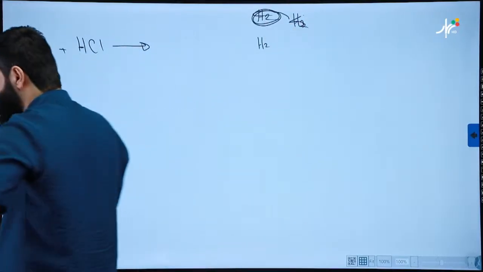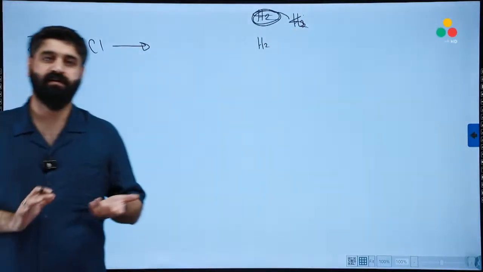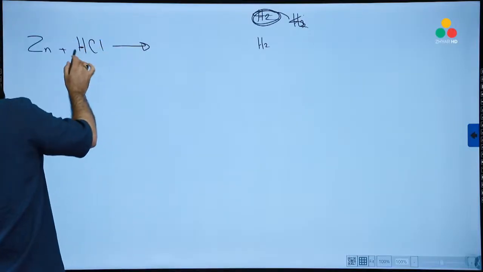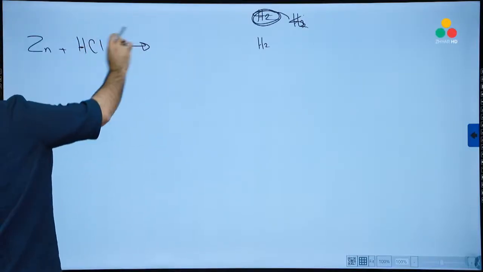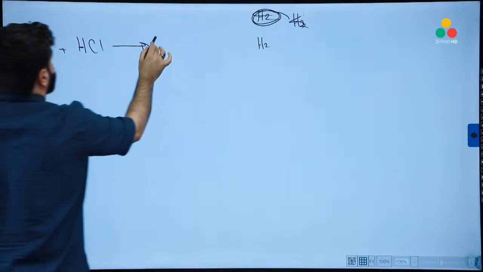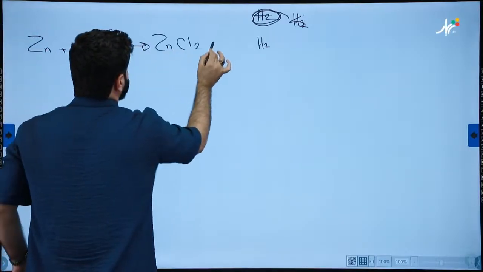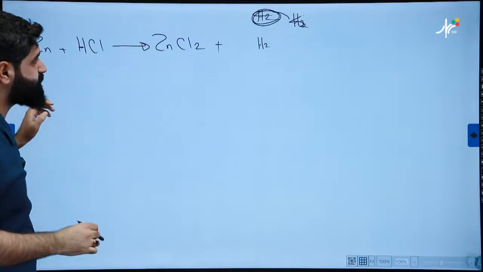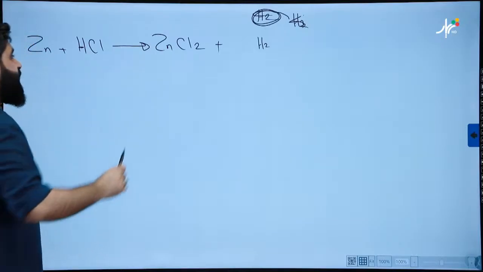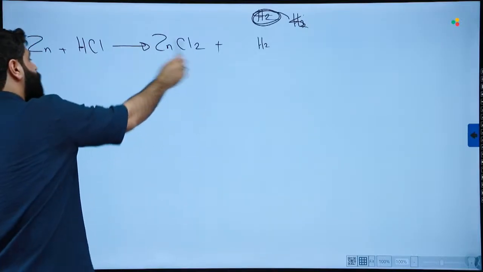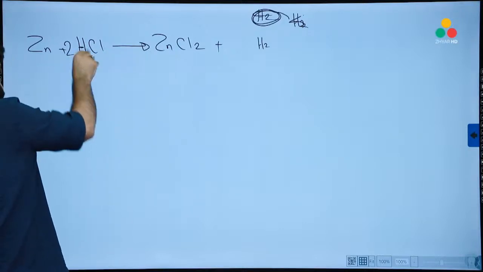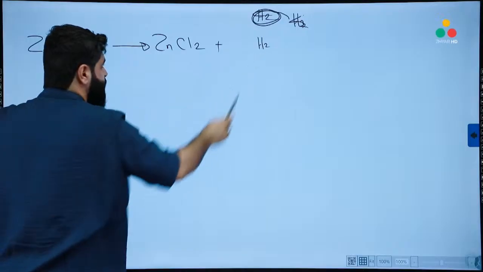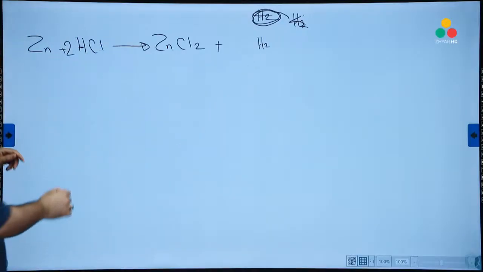Then using balancing, we're going to overcome this problem. So now I have removed H in the formation of H2. Then what is left? Zn and Cl. ZnCl2, because the charge of Zn is +2. It must be balanced. Start from the anion of the salt, 2 chlorides. This is 1 times 2, good. 1 Zn, 1 Zn, 2 hydrogens, 2 hydrogens. This is balanced. Then the physical states.